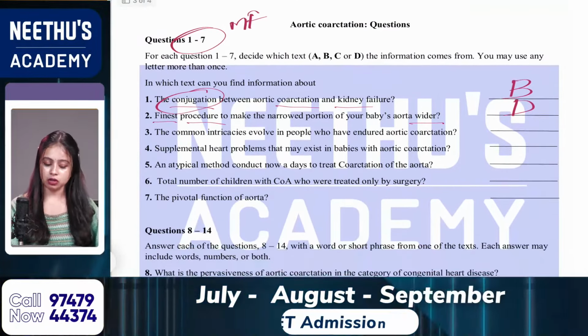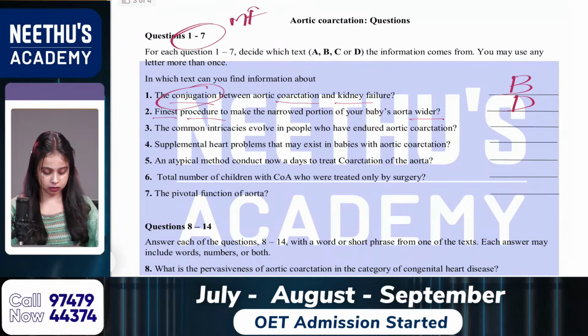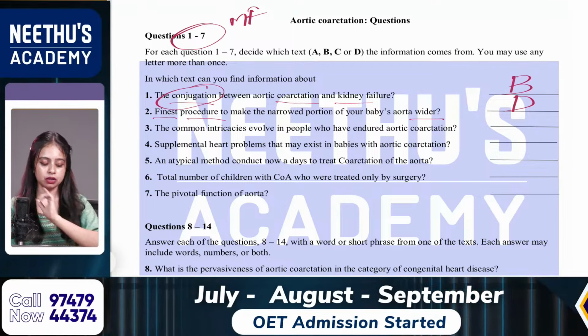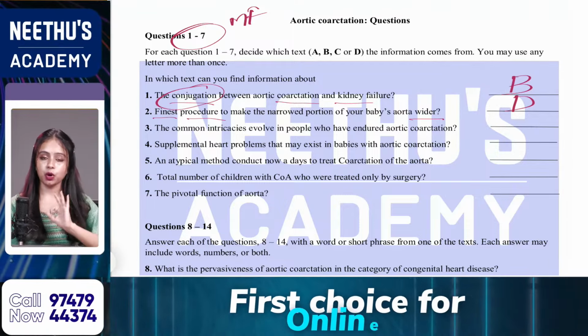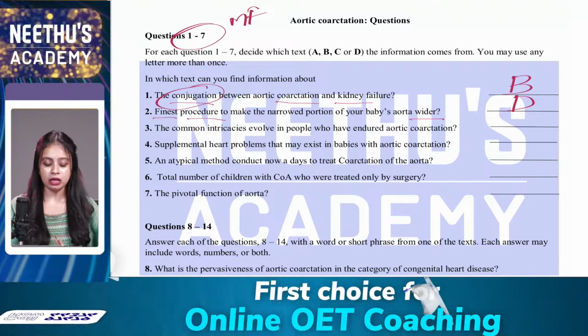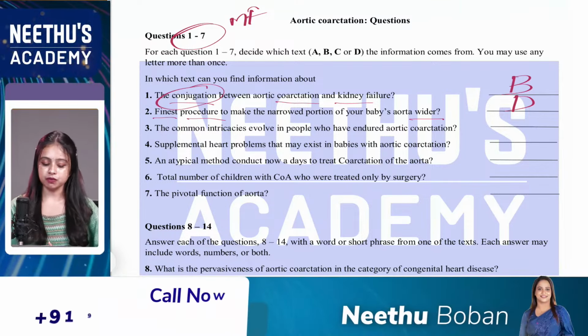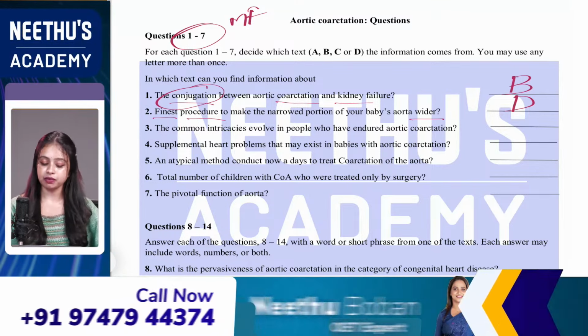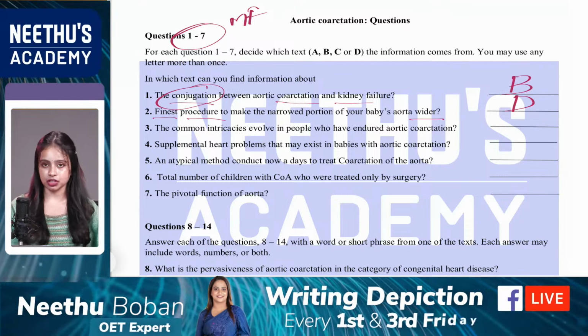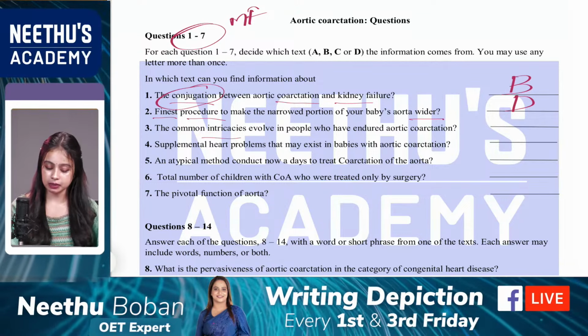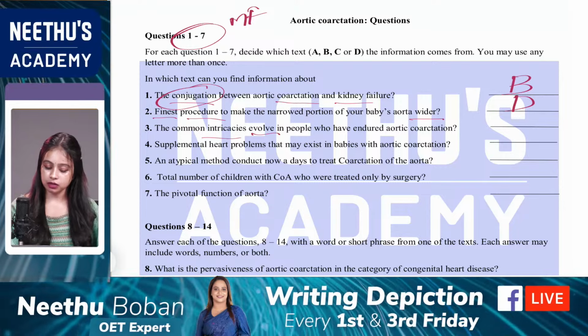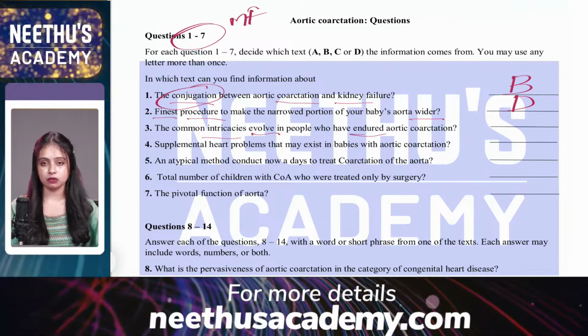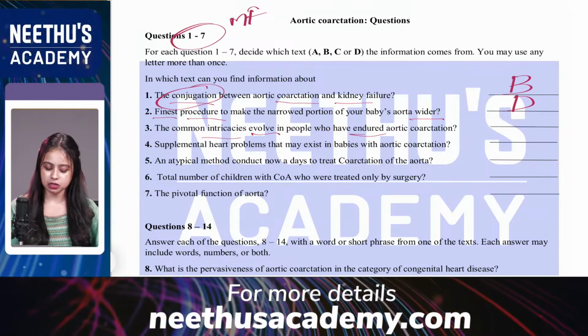Okay. So the third one. Okay, Reba and Tintu, very good. It is text D. Okay, guys. So what about the third question? The common intricacies evolve in people who have endured aortic coarctation. So my keywords: intricacies, then evolve, endured. Okay, intricacies, which means complications.